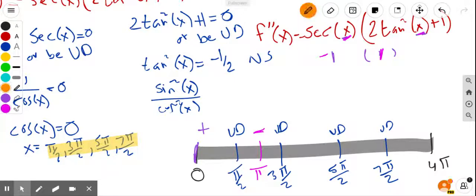Going back around. Oh, look. 2 pi is the same as 0. They're coterminal angles, so this should be positive. 3 pi is coterminal with pi, so that should be negative.